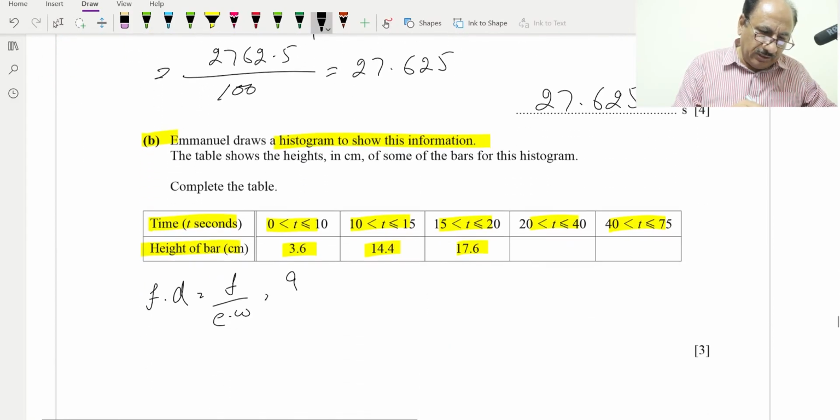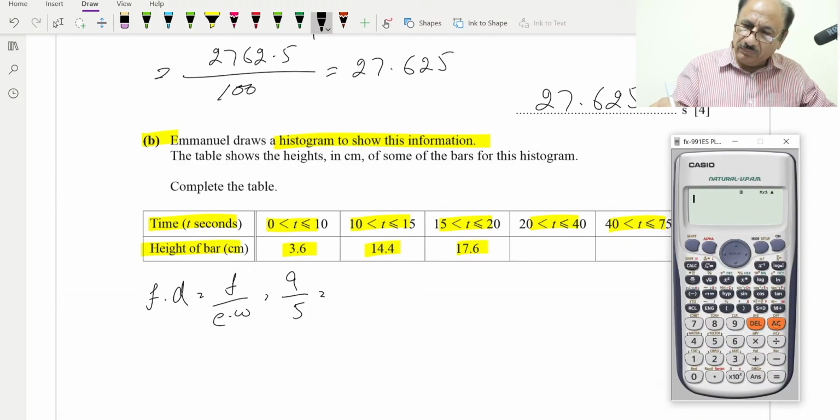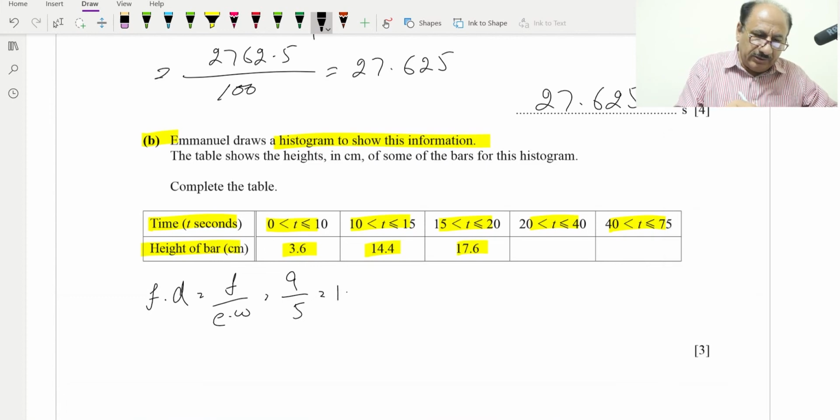So 9 divided by 5 will be equal to 1.8. And this value is 3.6. So we can divide 3.6 for the multiplier.